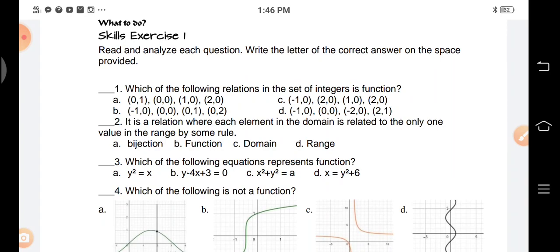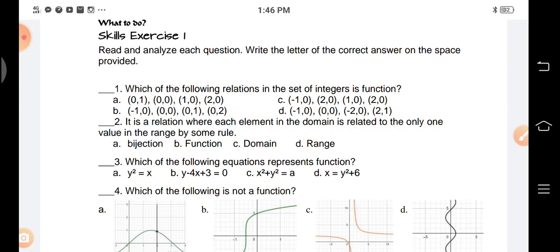Okay, in order to be able to identify which of these paired numbers is or are functions, we have to consider the value of x or the domain. If the domain is repeated, it is not a function. Let's take for example letter A. The domain or the value of x, we have 0, 0, 1, and 2.